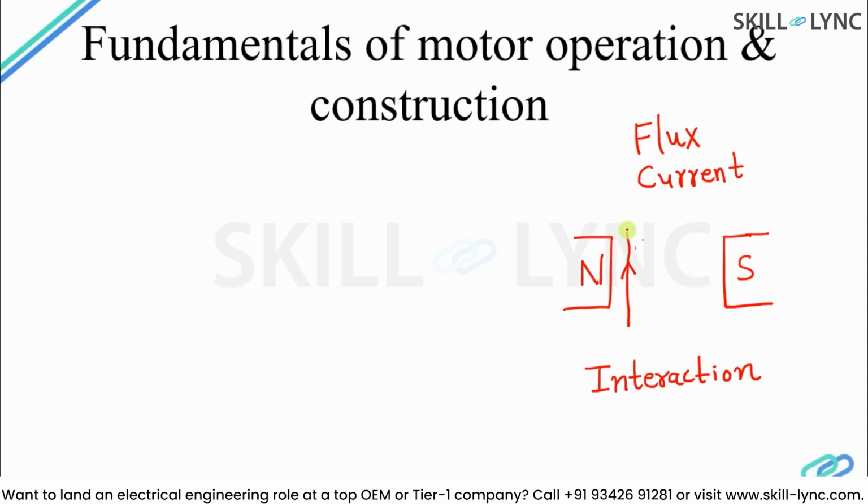The supply can be made through a return path, where the return conductor is like this, and this single turn coil can be connected through the positive and negative supply of a DC voltage through a commutator, and this becomes a simple operation of a DC motor. So a DC motor operation is very simple, where you have a current carrying conductor placed in a magnetic field.